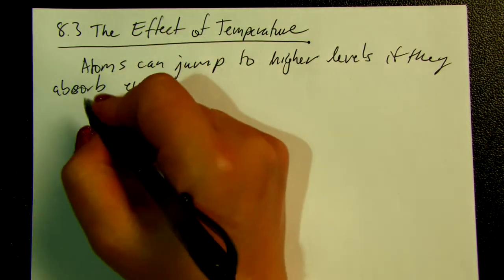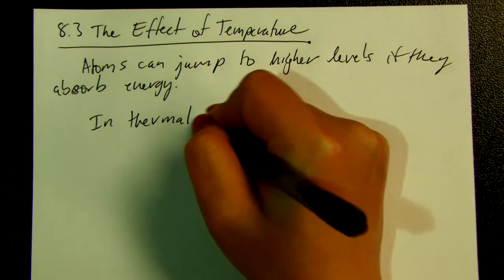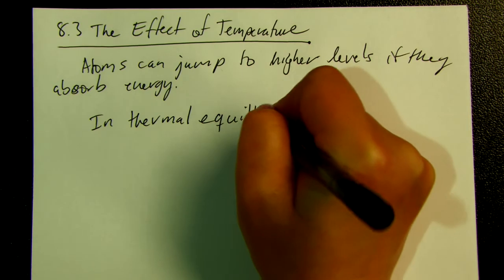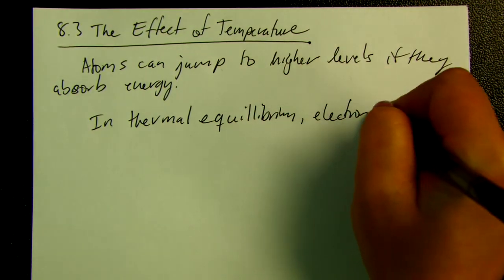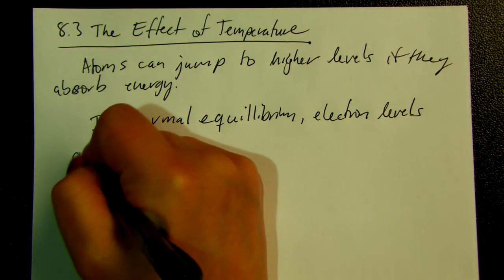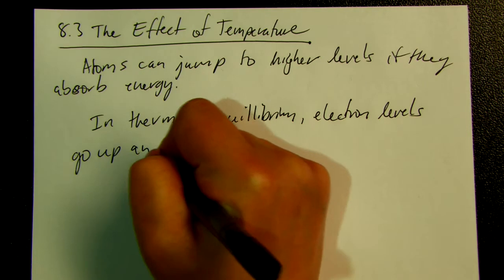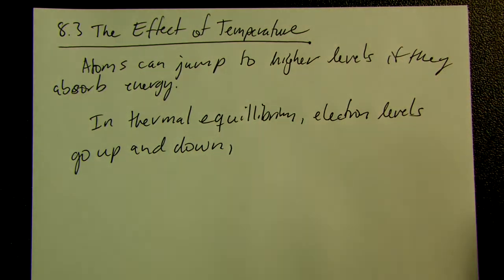So, in thermal equilibrium, electron levels go up and down individually, but what we are looking at is based on the average state in a collection.